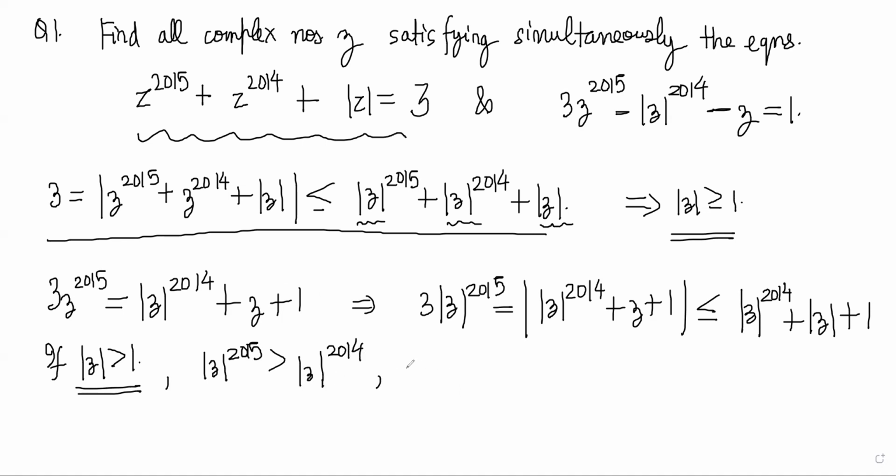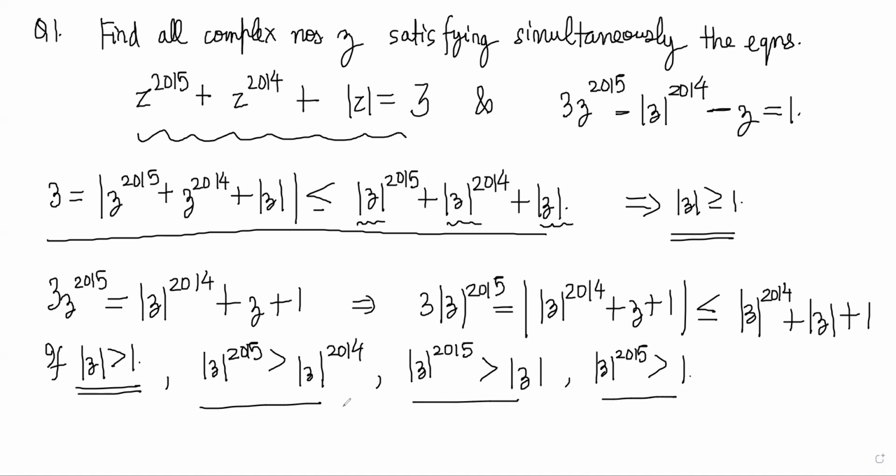and we know that mod z power 2015 is also greater than mod z, and we also know mod z power 2015 is greater than 1, right? Think about it.